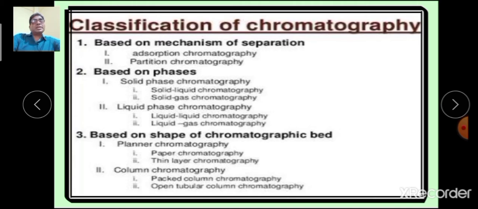The second variety is column chromatography. When columns are used, the chromatography is known as column chromatography. The first variety in column chromatography is packed column chromatography, that is, the columns are packed. They may be glass tube or metal tube. And the second variety is open tubular chromatography.